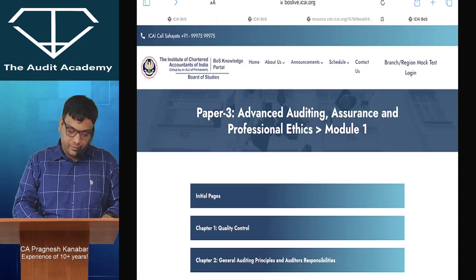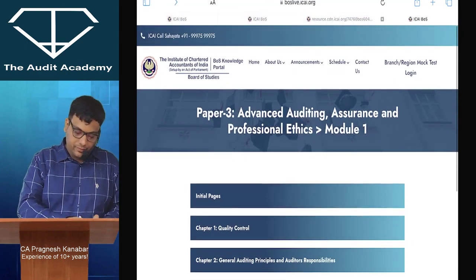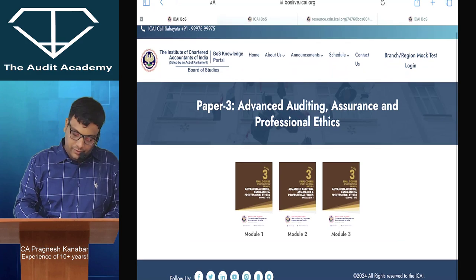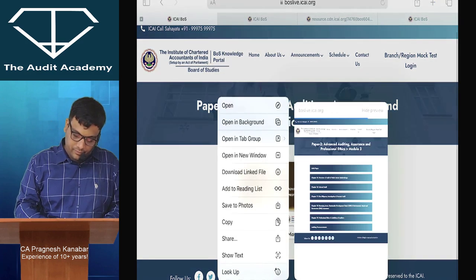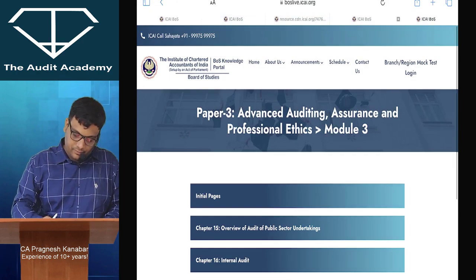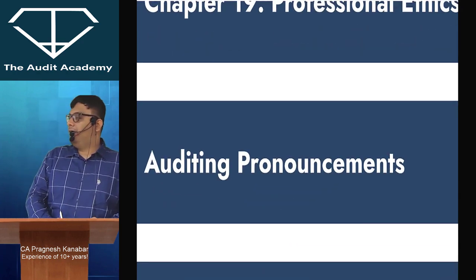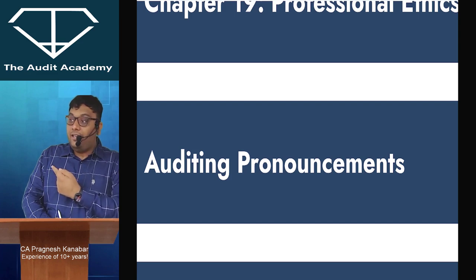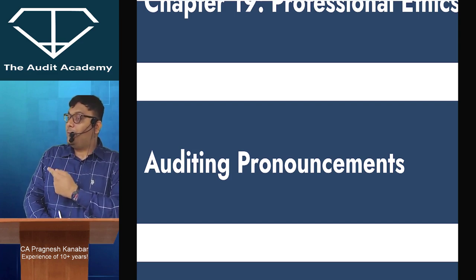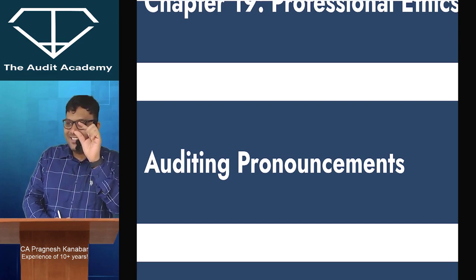Then when you actually go to module 3, look at this hidden adjustment. At the end, they have given the link of auditing pronouncements. Pronouncements means bare standards. Alright.